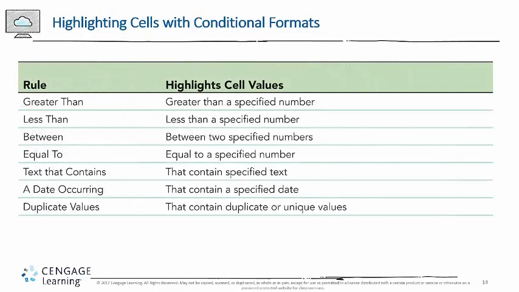Here are some of the options for conditional formatting. You can compare for greater than, less than, between two specific values, or equal to a particular value. You can look for text that contains certain letters, or a particular date, or duplicate values. Each conditional format has a set of rules that define how the formatting should be applied and under what conditions the format will change.